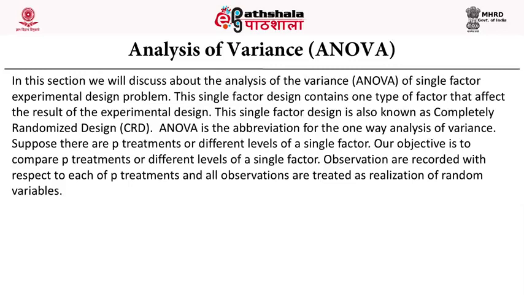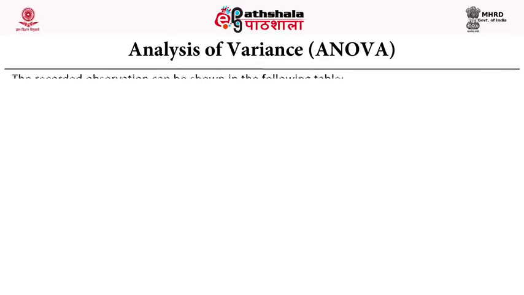ANOVA is the abbreviation for the one-way analysis of variance. Suppose there are p treatments or different levels of a single factor. Our objective is to compare p treatments or different levels of a single factor. Observations are recorded with respect to each of p treatments, and all observations are treated as realizations of random variables.